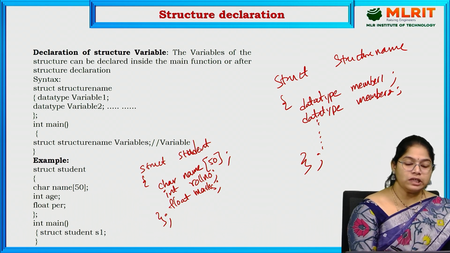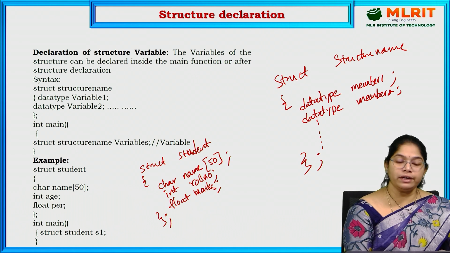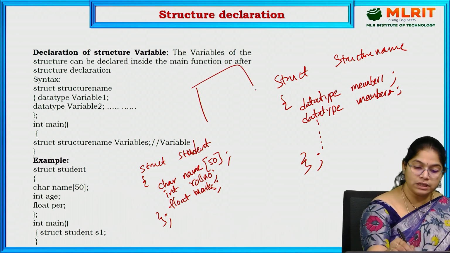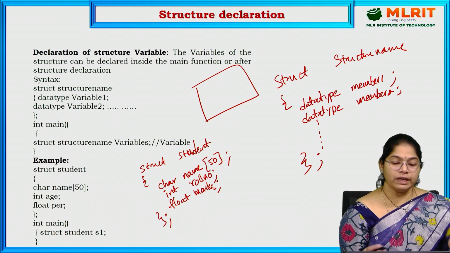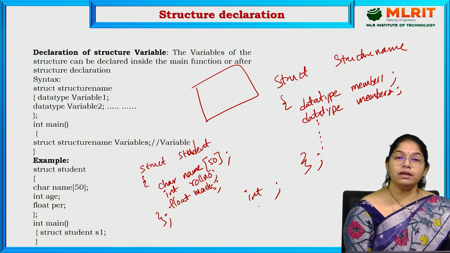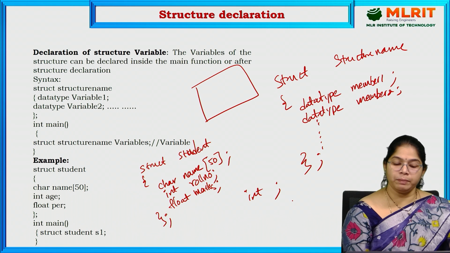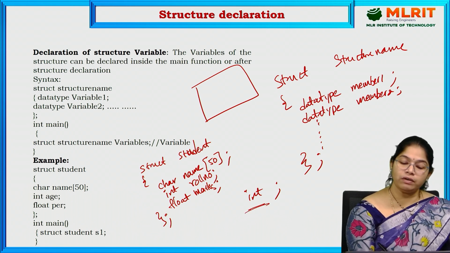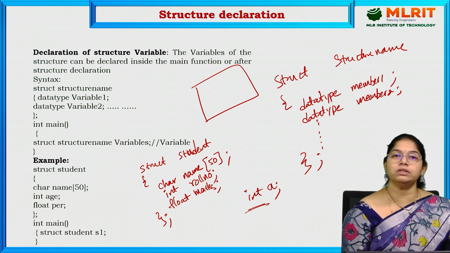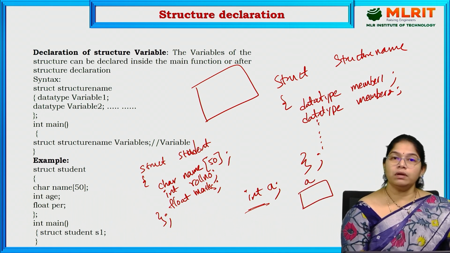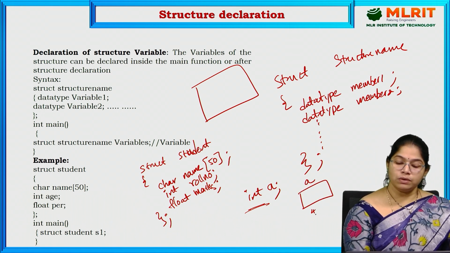So by this declaration, is memory allocated? No. Now it is just a template. Like we can say int: if I declare an int, it occupies 4 bytes of memory. Is memory allocated for this now? No. It is allocated when I declare a variable of this data type. Now A can store integer values, which takes 4 bytes of memory.